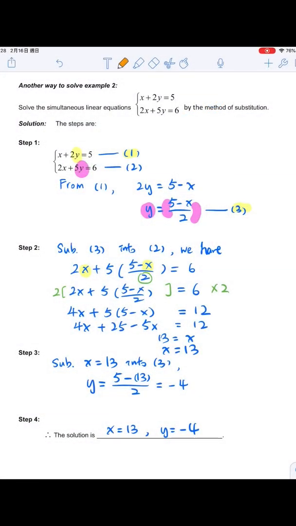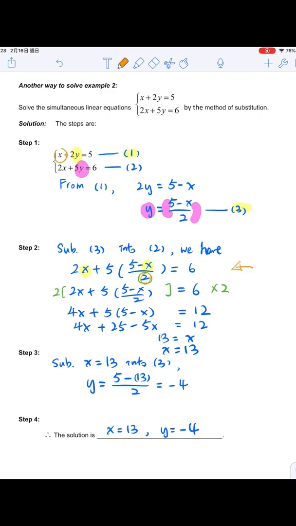We can see that if we make y the subject of the equation, we can still get the same correct solution. But for this case, you have to deal with the denominator. And it is more difficult, and you will easily make mistakes in the steps.